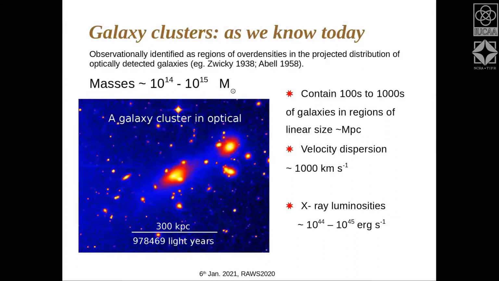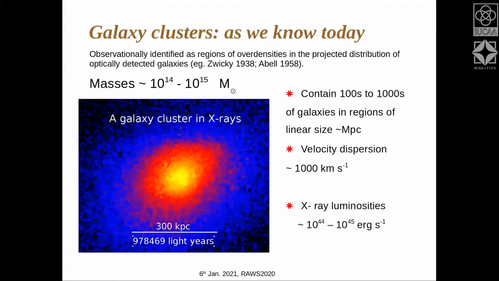So today we know that galaxy clusters are these huge systems of huge masses, of the order of 10 raised to 14 to 10 raised to 15 solar masses. They contain hundreds, thousands of galaxies, and these are all confined in regions of about a megaparsec or so.